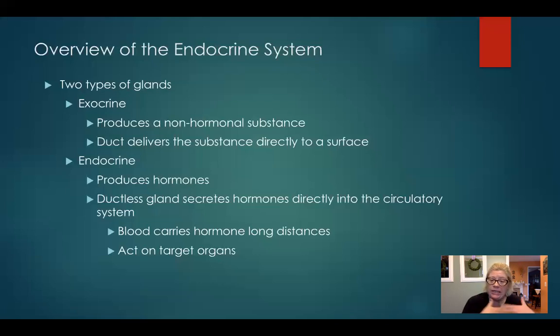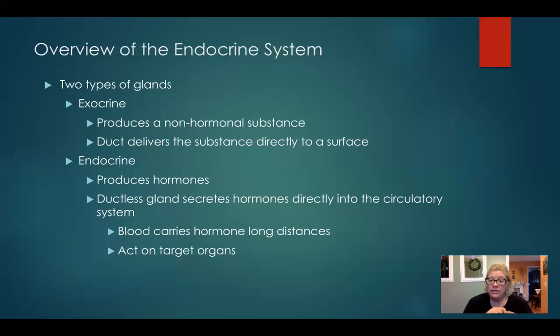So exocrine, EX, means that the gland produces a non-hormonal substance, and also that the gland has a duct attached to it, and the substance goes directly from point A inside the exocrine gland to point B, normally the surface of something.